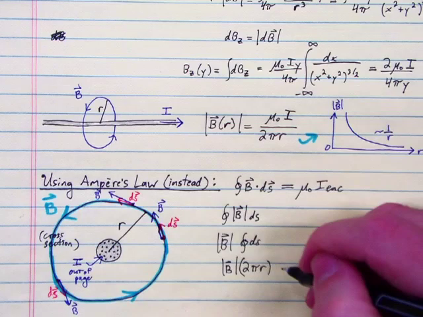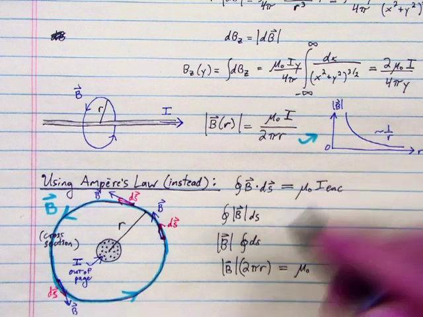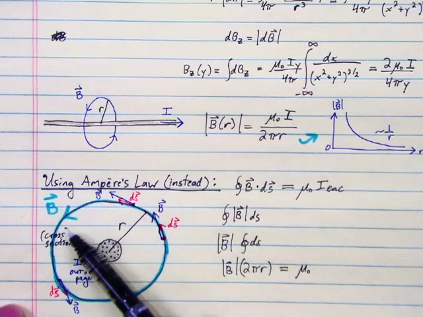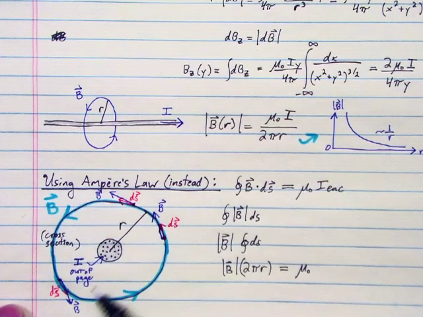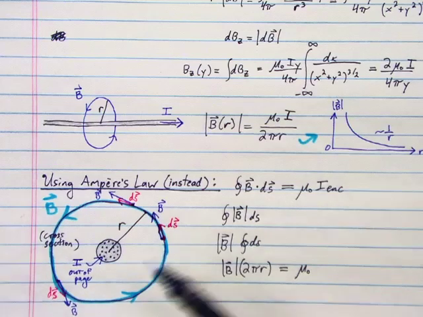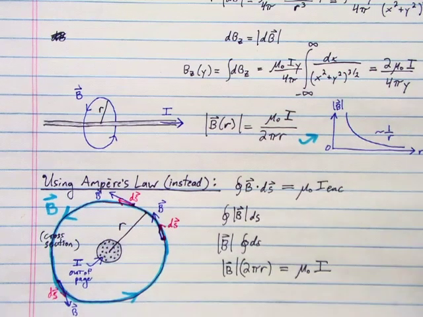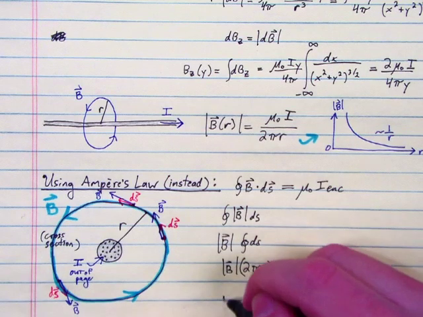That equals mu naught times the total current enclosed in the open surface bounded by our closed path. And that would just be the total current coming out of our wire here. So let's call it capital I. Total current coming from our wire, and divide both sides by 2 pi r.